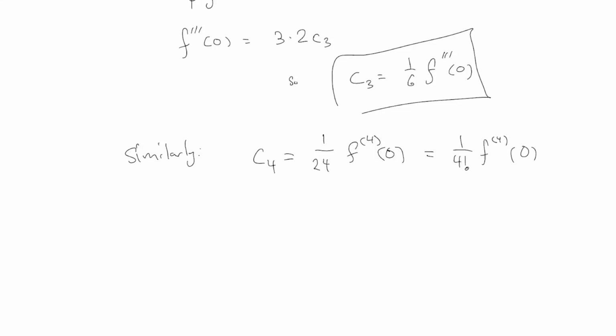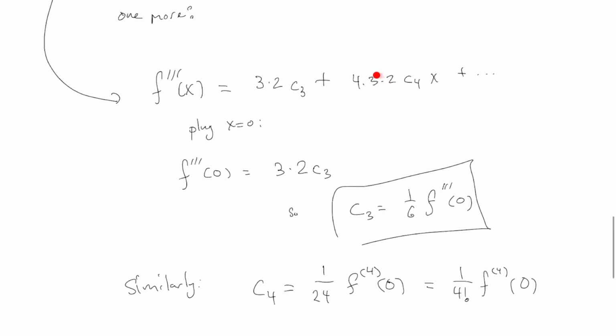That exclamation means 4 factorial, and that means 4 times 3 times 2 times 1. The times 1, of course, doesn't do anything. So that's the same as 4 times 3 times 2, which is exactly what we got here. And the next one would be 1 over 5 factorial. These factorial numbers come up a lot when you're talking about power series for this reason, because they appear in these formulas here.